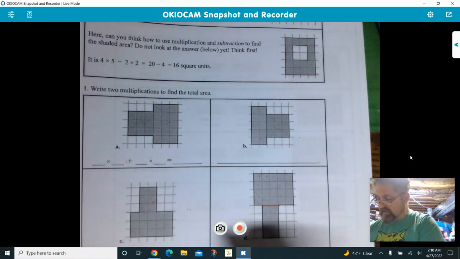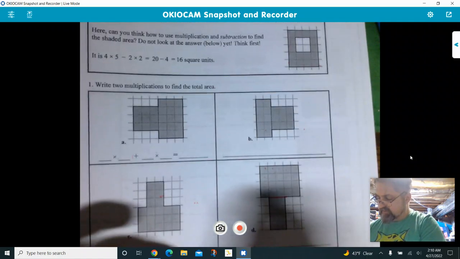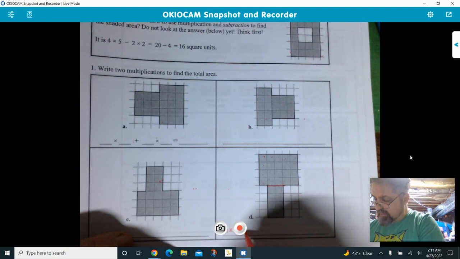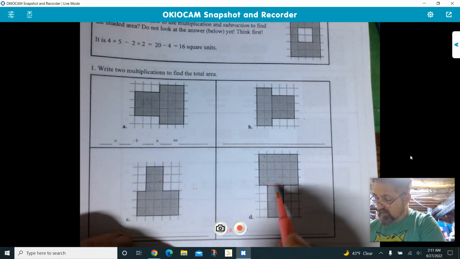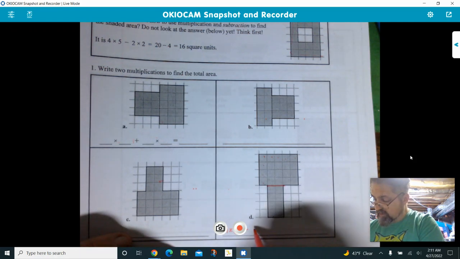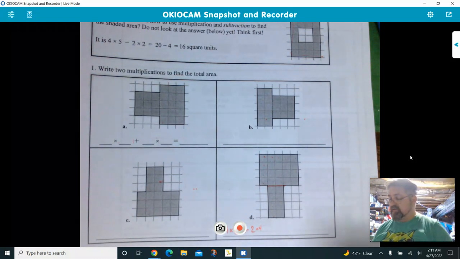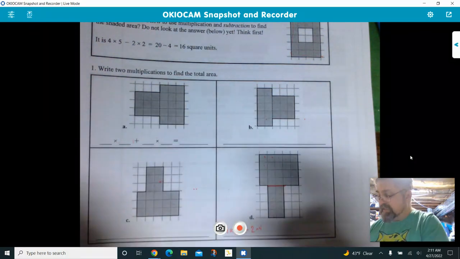They didn't even fill in your blanks for you. That's kind of, sheesh. All right, so 4 times 5 plus 2 times 4. We have to multiply these together and then add them together.